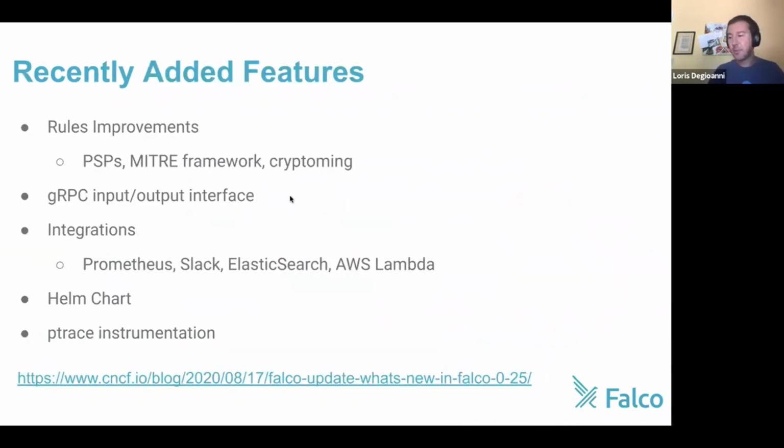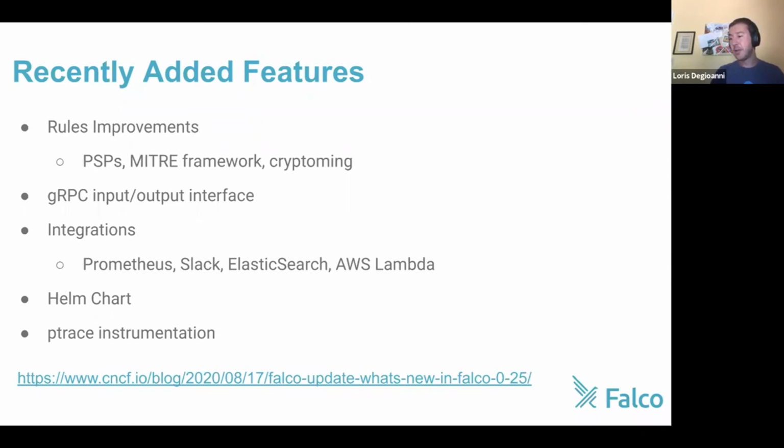Among the things that we added recently to Falco, in the last 6 months, many rules improvements, and in particular, groups of rules for pod security policies, for the MITRE framework, for crypto mining, which is another one that is pretty popular with our users. We added a gRPC input and output interface.